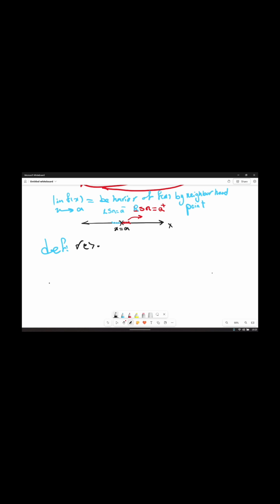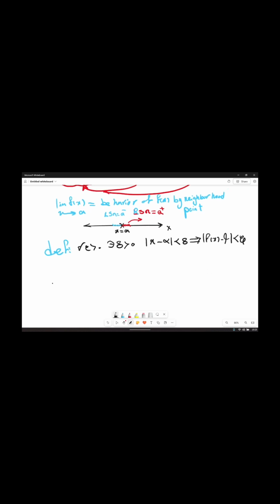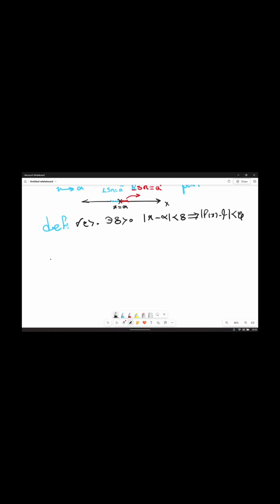For every epsilon there exists a positive delta, such that if |x minus a| is less than delta, then |f(x) minus L| is less than epsilon. Some of the people say to me, oh, it's so strange. Yeah, but don't worry about that. I can help you. When I take a graph of this, you can understand it so much better.